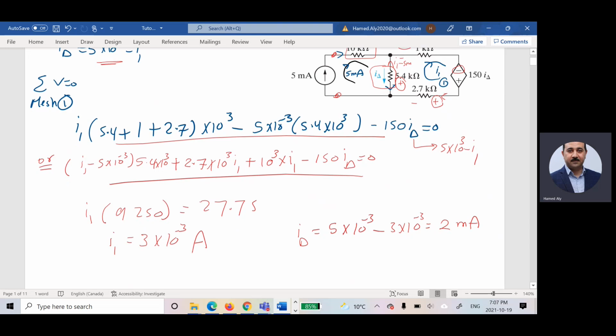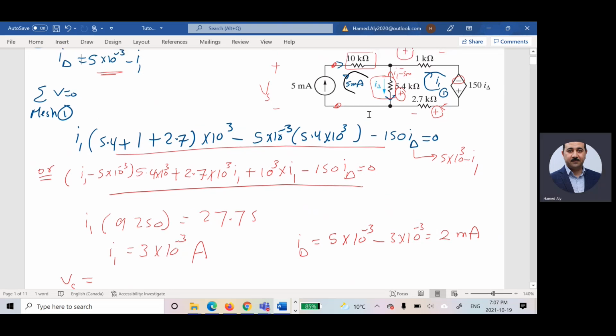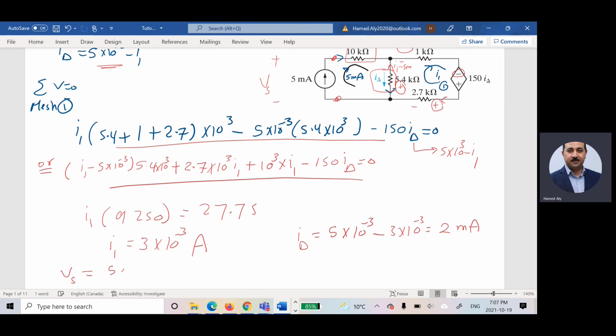So I can say, imagine that the voltage here is equal to Vs. So I can say Vs equals the current 5 milli multiplied by 10 kilo plus 5.4 times 10 to the power 3 multiplied by I delta, which is 2 times 10 to the power negative 3.